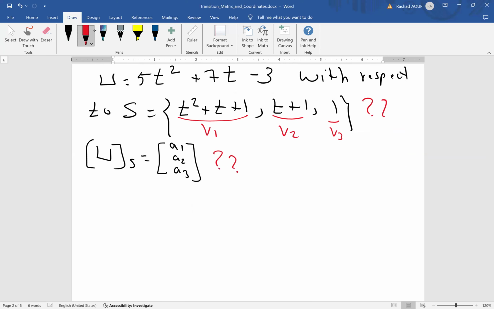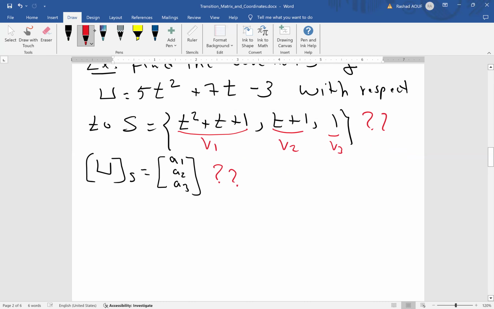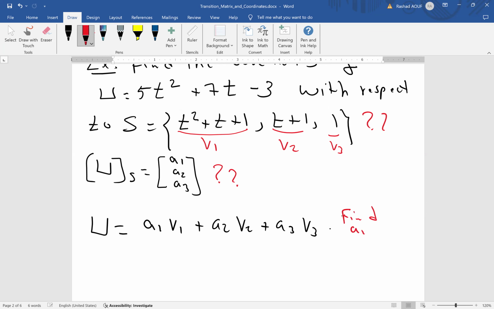Okay. Let's write u in function of v1, v2, v3. u equal a1 v1 plus a2 v2 plus a3 v3. The question is to find a1, a2, a3.